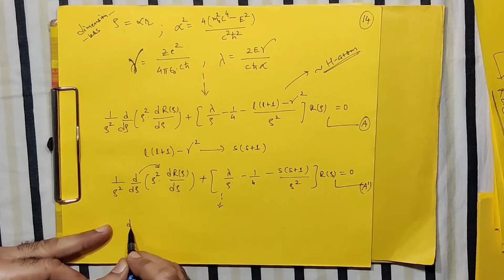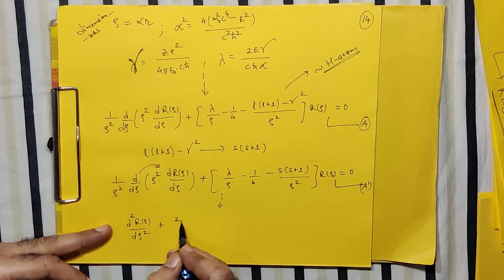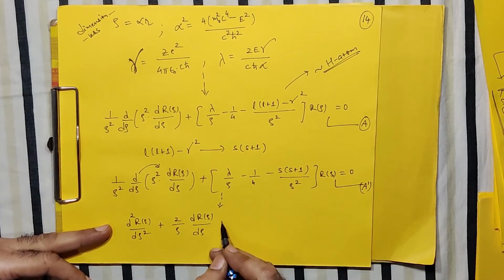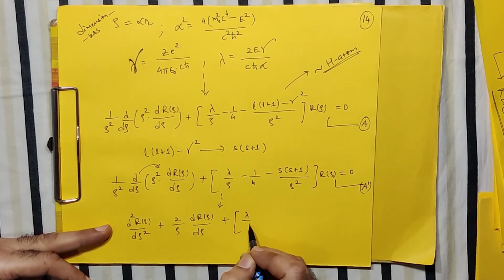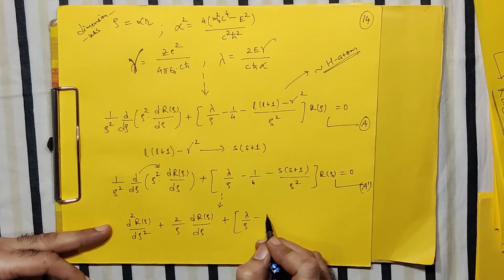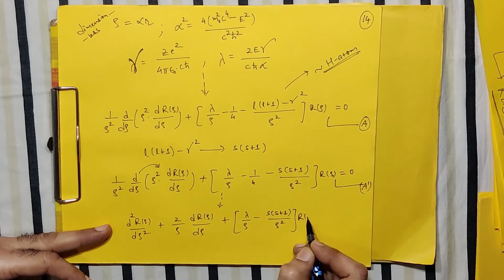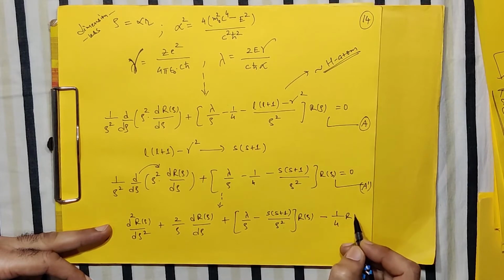So what I get is d square R by d rho square. It's basically a second order linear differential equation which I will obtain, so that I write directly. Right? And then all the terms with R that I write: lambda by rho minus S into S plus 1 upon rho square, of course capital R, and then that term I deliberately write separately.